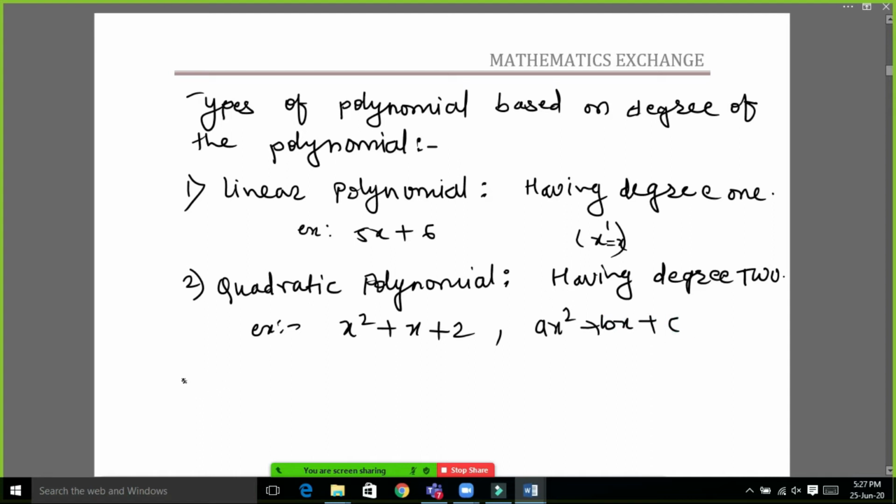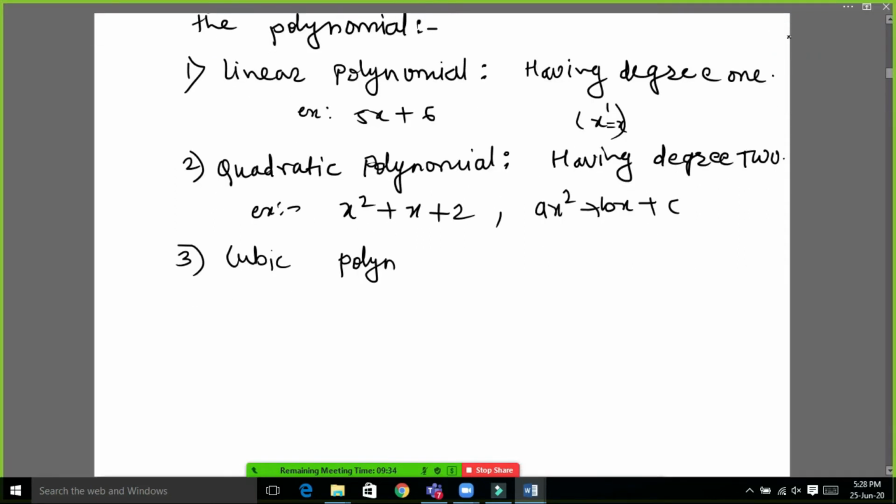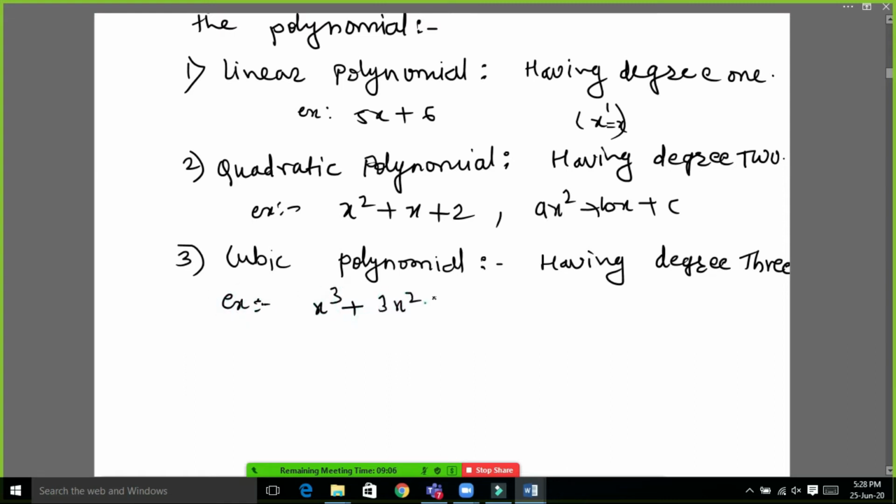Similarly, third is the cubic polynomial. A cubic polynomial means a polynomial having degree 3. For example, we consider the cubic polynomial x cube plus 3x square plus 2x plus 1.